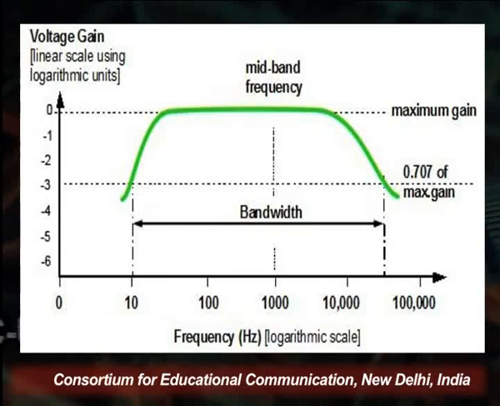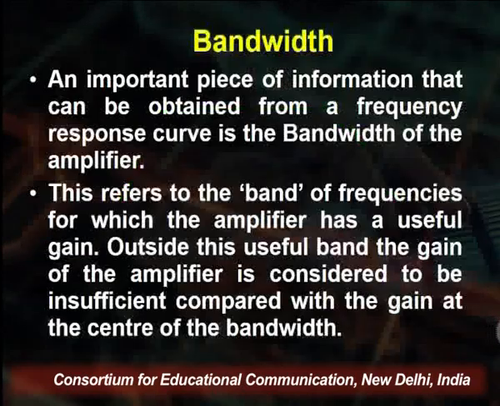The upper curve is defined as the mid band frequency. This is the range of frequencies defined from 10 to more than 100 kilohertz. This is the maximum gain, and this is 0.707 of the maximum gain, that is the medium gain.